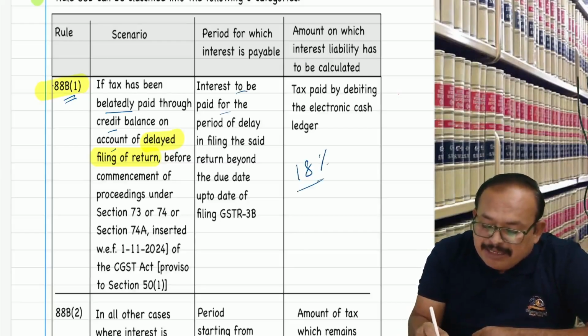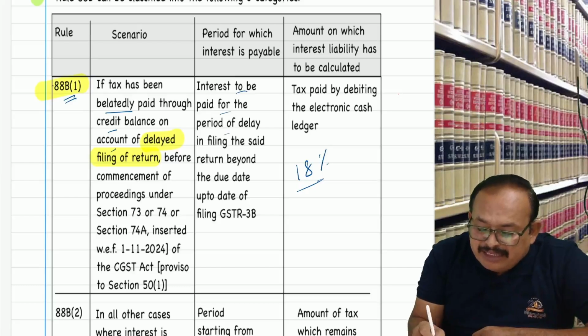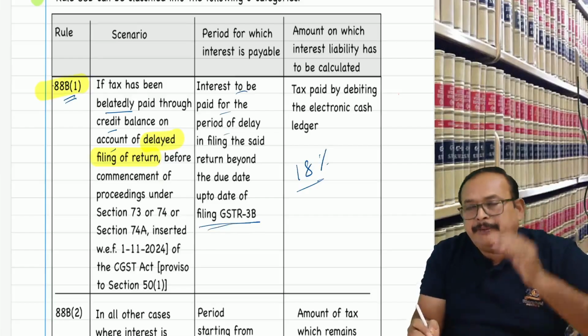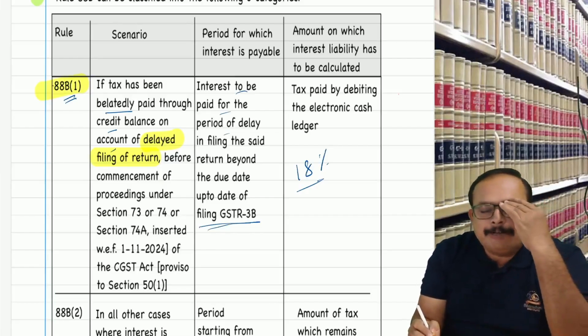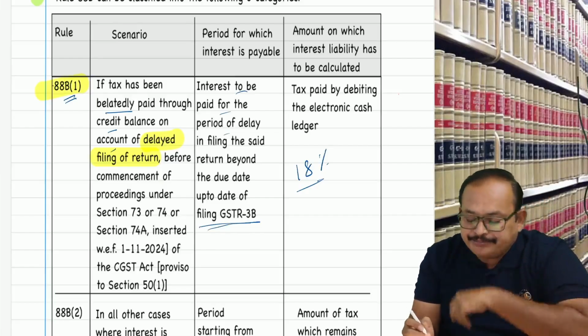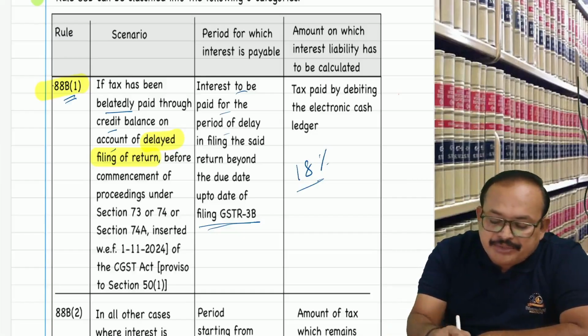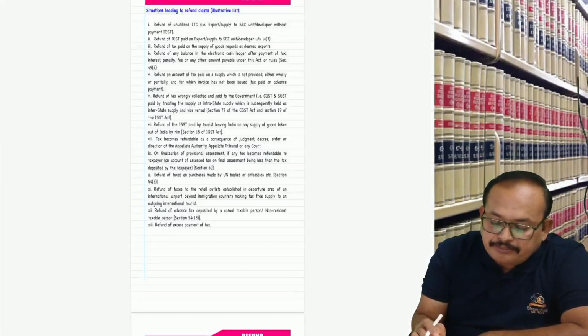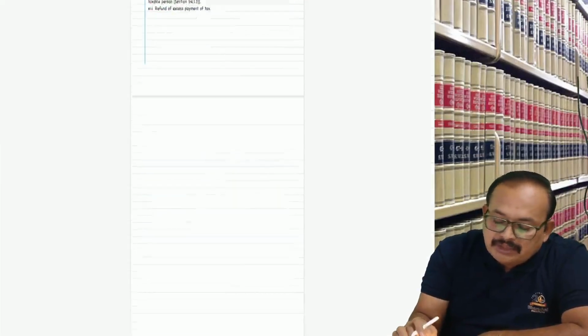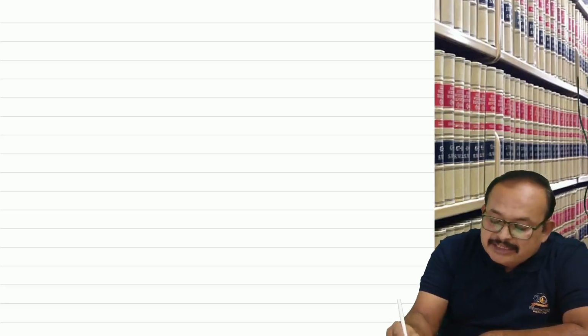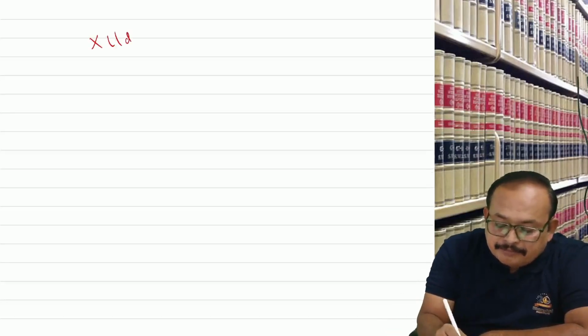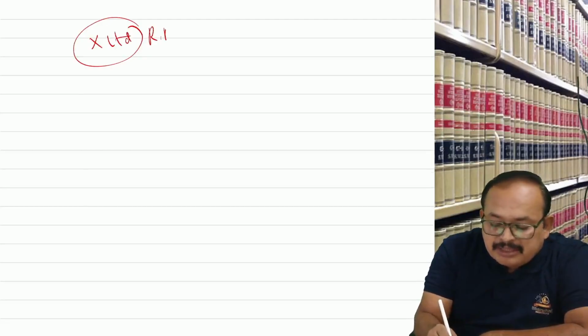The interest is to be paid for the period of delay in filing the said return beyond the due date up to the date of filing the GSTR 3B. How to understand, sir? Tell me, in the given case, X Limited, a registered person under GST law, paying tax under the regular scheme.